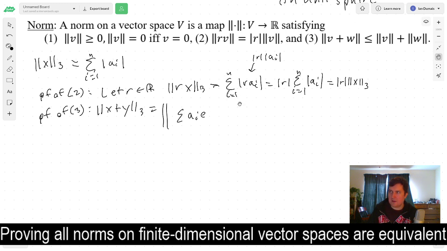We're always going over all I from 1 to n, so just assume that's the case. All right, so x, we'll say the coordinates were the AIs, and y, let's call those coordinates BIs, so we can tell them apart. But they're still both based on the same basis.